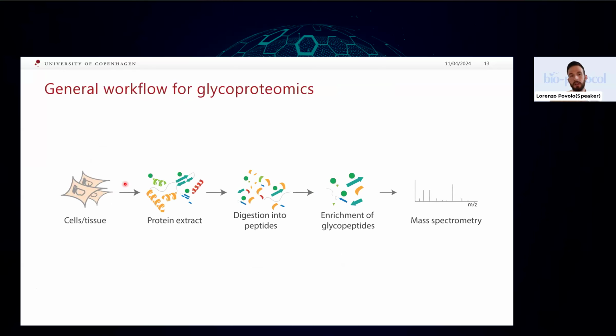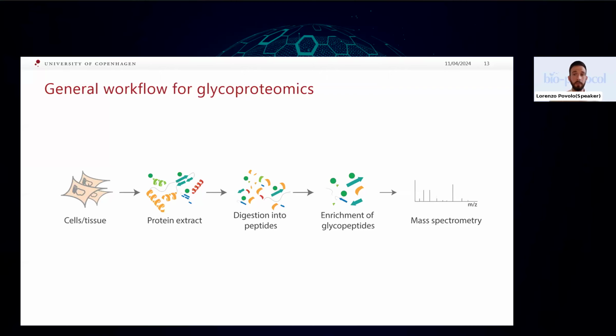So if we start from an input sample, for example, cells or tissues, what we will do first is to extract proteins, and then the protein extract undergoes digestion into peptides, followed up by an important step that is enrichment of glycopeptides before mass spectrometry analysis. So I will come back to all of these steps in the next slides, and also some other steps that can facilitate this process with some specific questions.